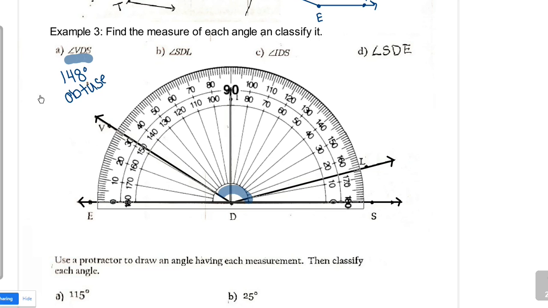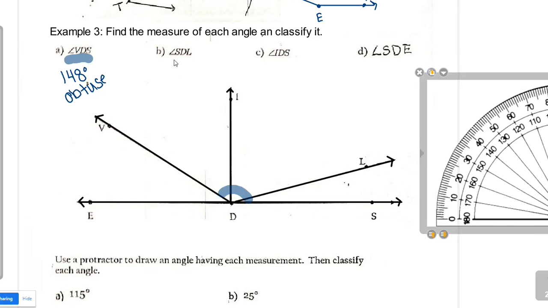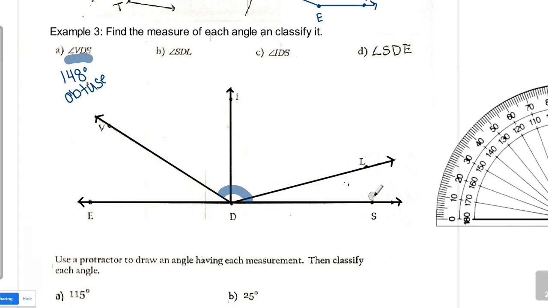Now let's move this out of the way. Okay, let's look at the angle SDL. So SDL. This angle here is going to be right from here to here. Okay, so let's measure that one.